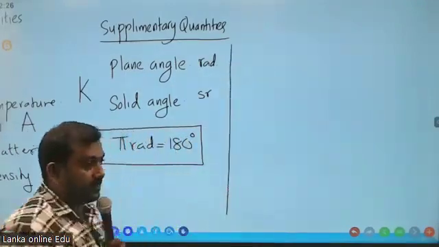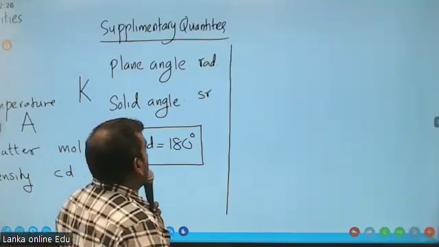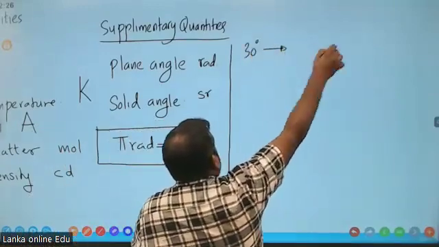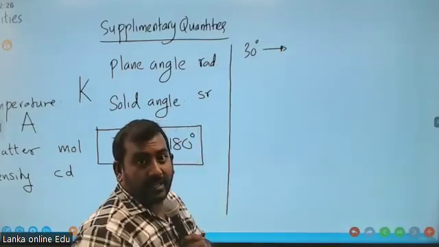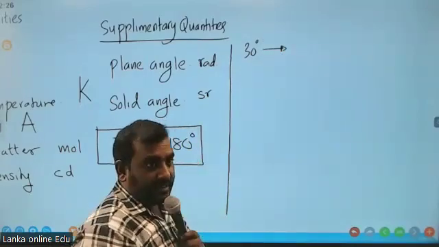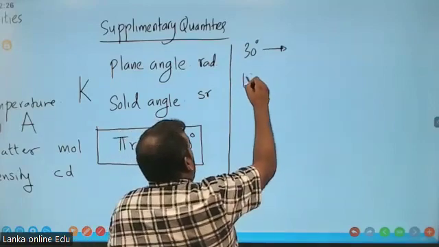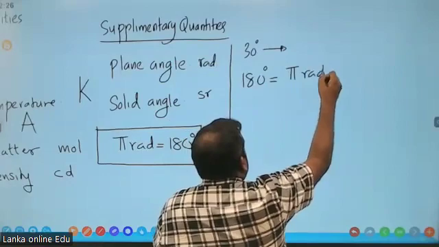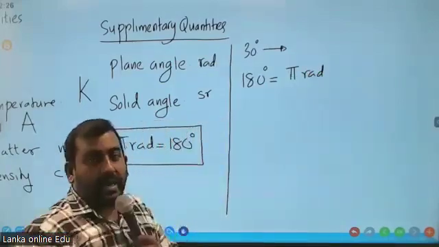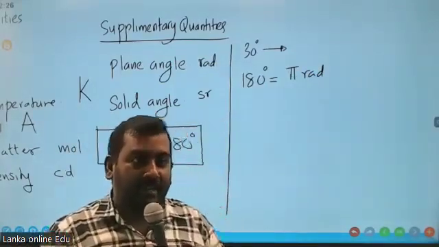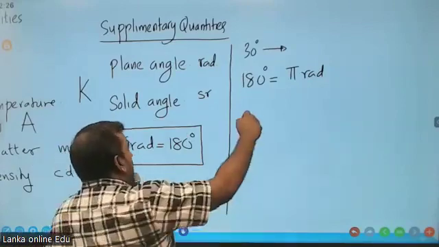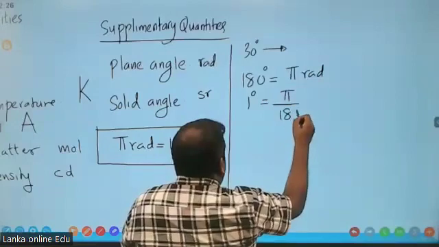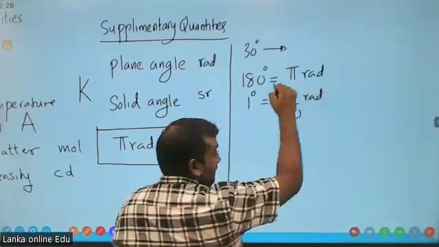Observe. Let's say we need to convert 30 degrees to radians. We follow a very basic procedure. 180 degrees equals pi radians. 1 degree equals pi over 180 radians.